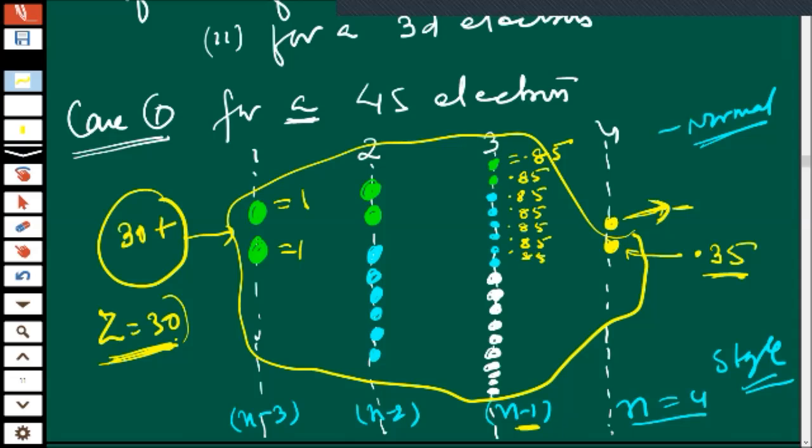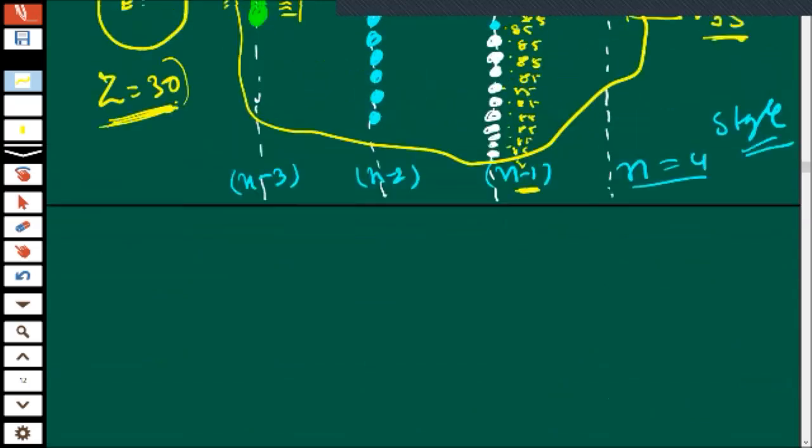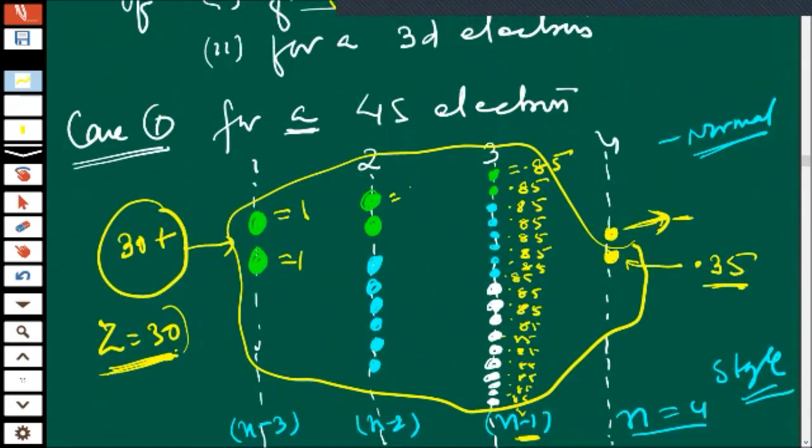Each electron gives 0.85 contribution, meaning 85%. And the remaining ones after n-1, everybody will give 1, meaning they will give 100%.